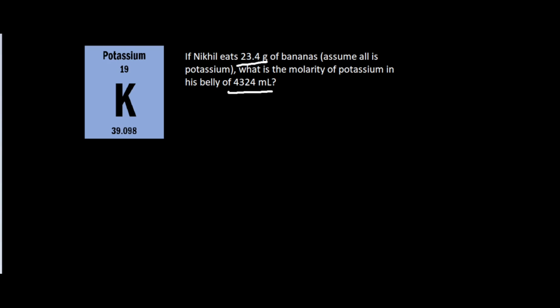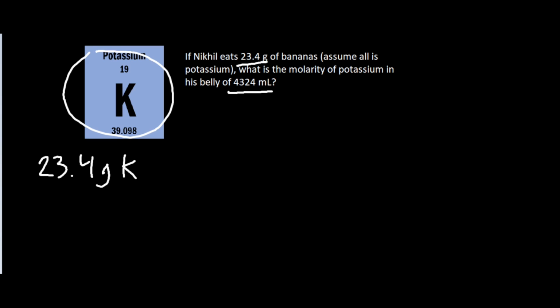So now we have to convert grams of potassium to moles of potassium. And we know this through basic stoichiometry. So 23.4 g potassium. Oh wait, that's K. And I also have the periodic table information on it.